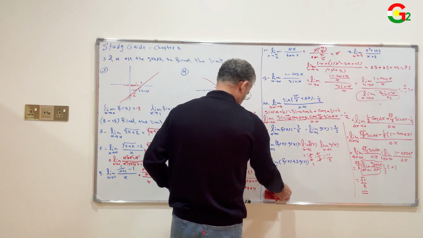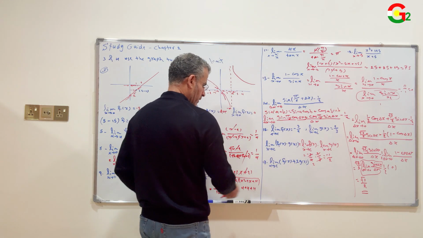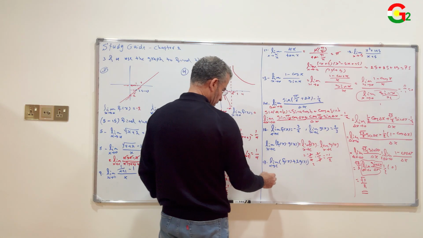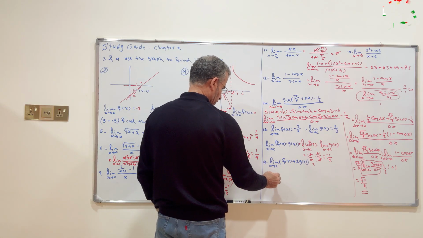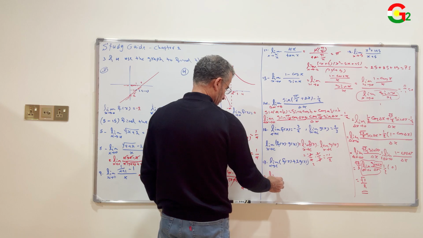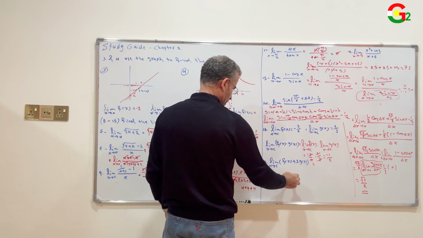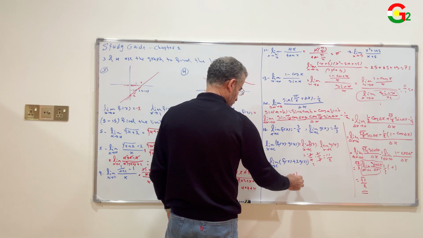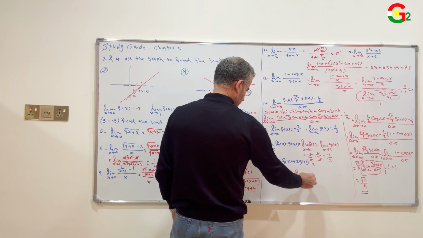Number 17: the limit of f of x plus 2g of x as x approaches c equals the limit of f of x plus 2 times the limit of g of x.